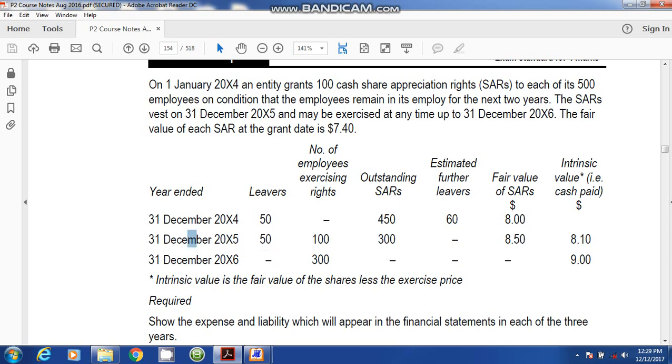So therefore the profit and loss expense as usual will be a balancing figure. We don't know that one. Then we'll say less cash paid on those who have exercised.